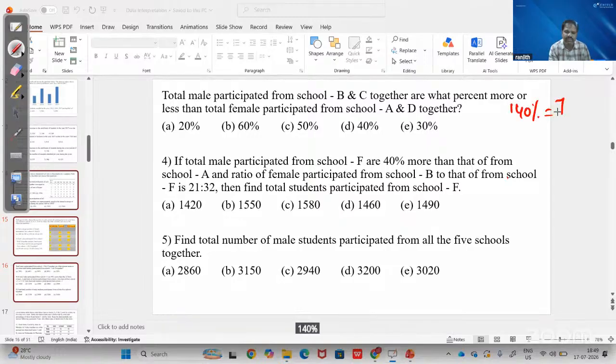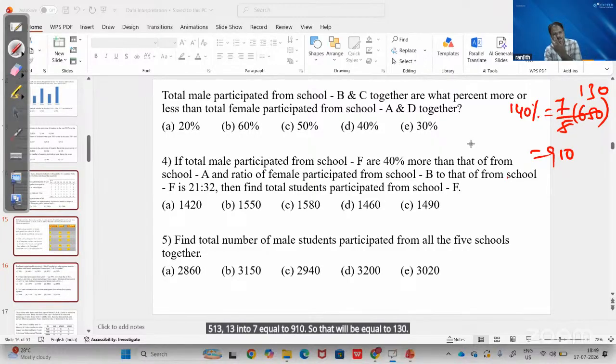So that is 7 by 5 into 650. 5 ones are 5, 13. 13 into 7 is 91, so the total is 910. Total males from F is 910.